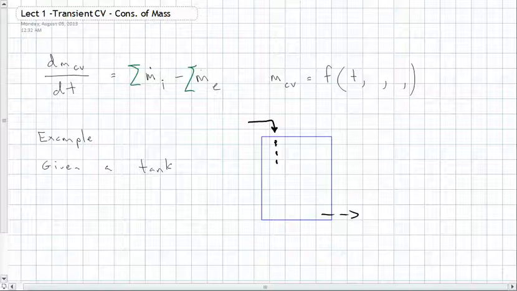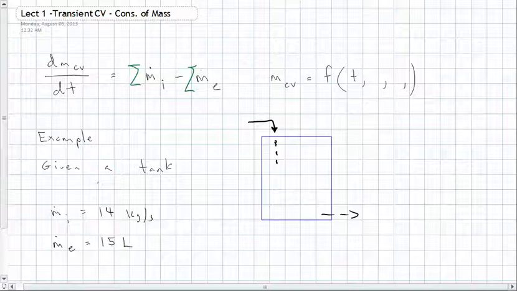So far, what you know from the problem is the following. M dot in equals 14 kilograms per second.